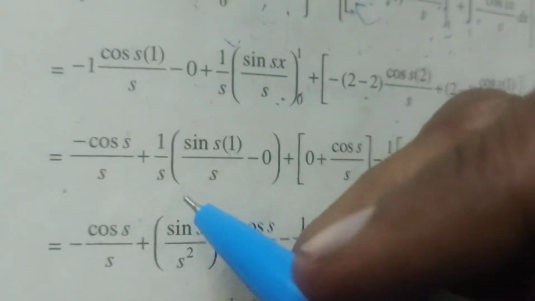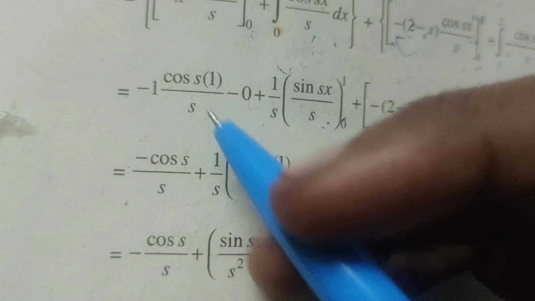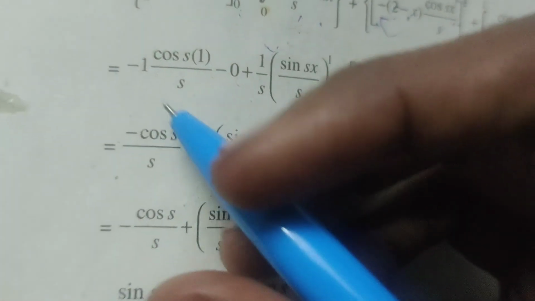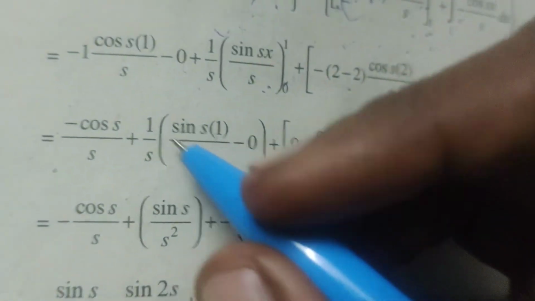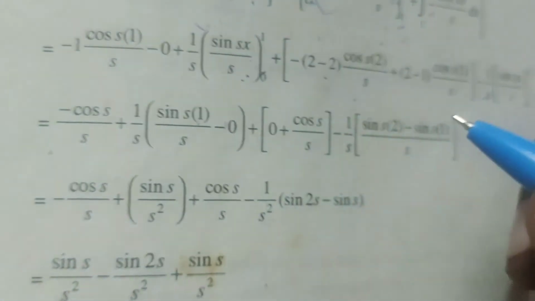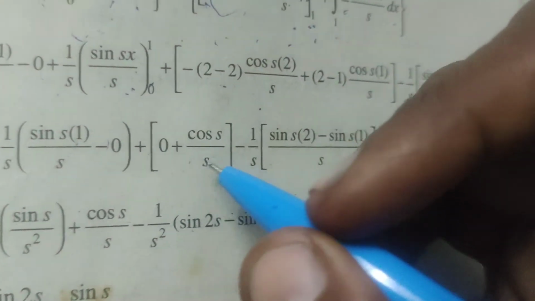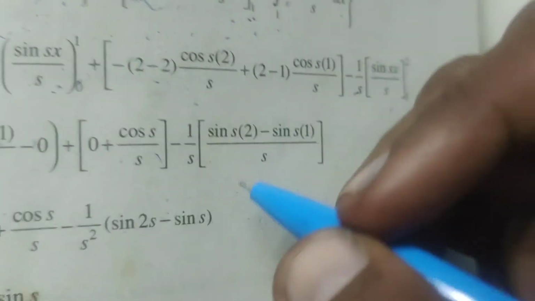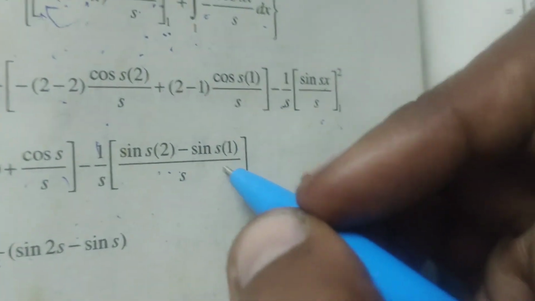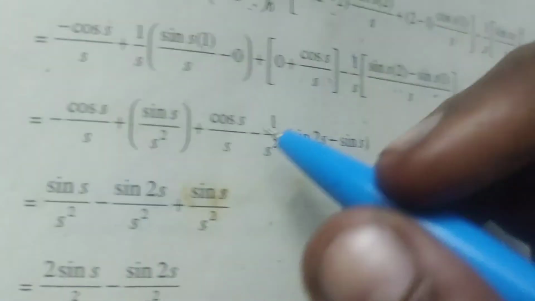Now, minus cos s by s plus 1 by s into sin s into 1 by s plus 0 plus cos s by s minus 1 by s into sin s into 2 minus sin s into 1 by s.